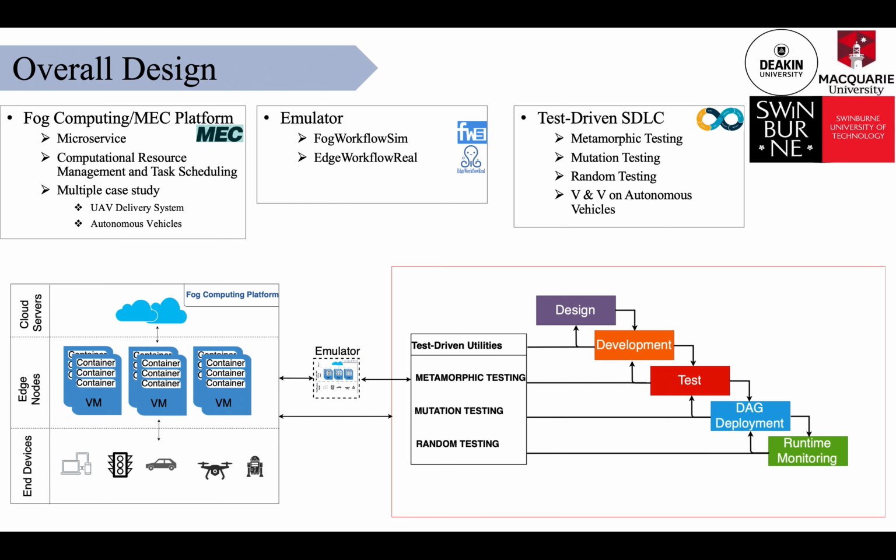Due to the lack of lifecycle support in major fog computing development platforms, we propose to create software development lifecycle tools and metrics specifically for edge nodes and devices. The next step is to complete the development of TDD for fog. According to these three parts of the whole framework, there are three major research directions that we aim to investigate in the future based on TDD for fog.